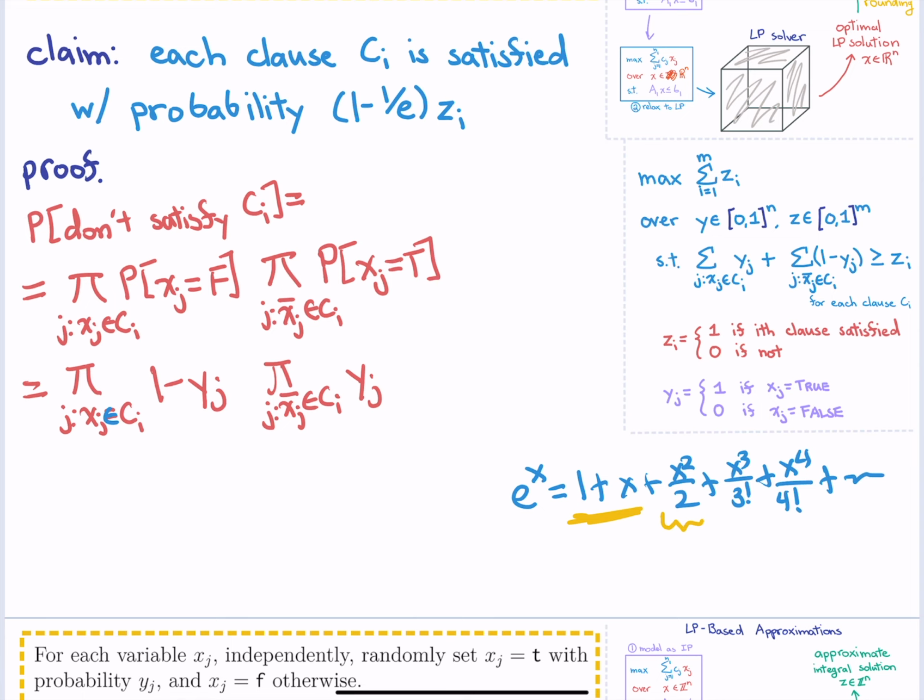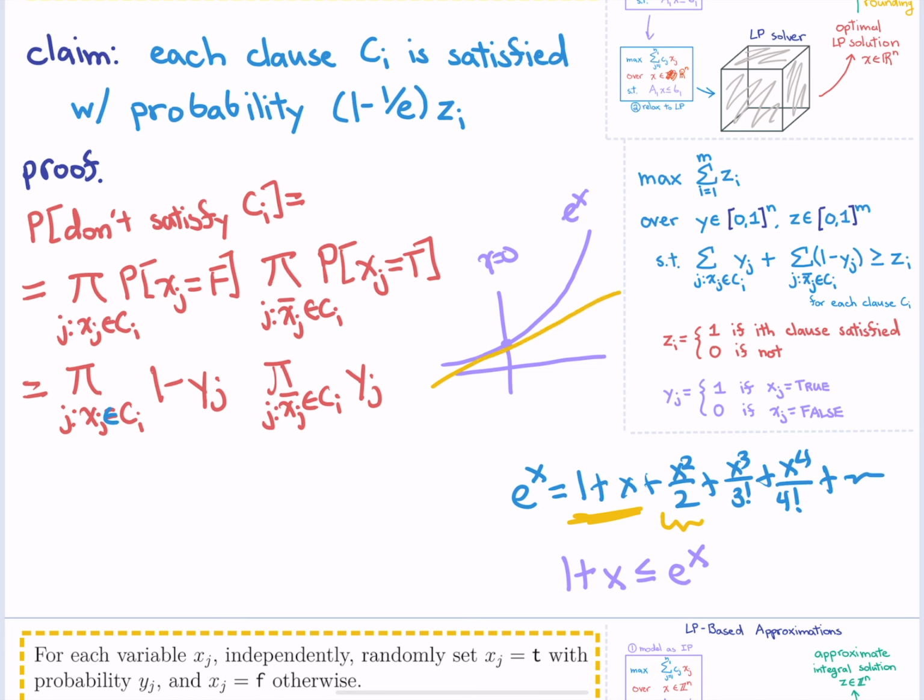Now, that's not the actual intuition. The inequality that we actually have, and it's the most useful, silly thing in the world, is that for any value of x, 1 plus x is less than or equal to e to the x. If I drew e to the x as a curve that looks like this, crossing x equals 0 at 1, and then this line, 1 plus x, it's underneath the curve.